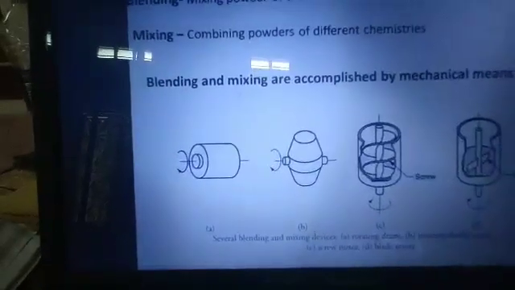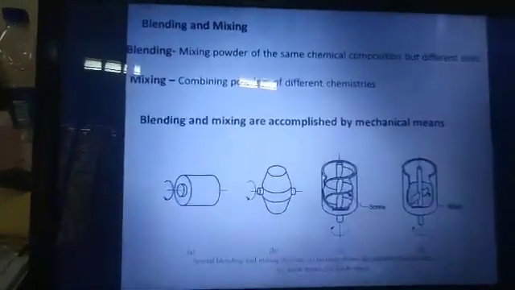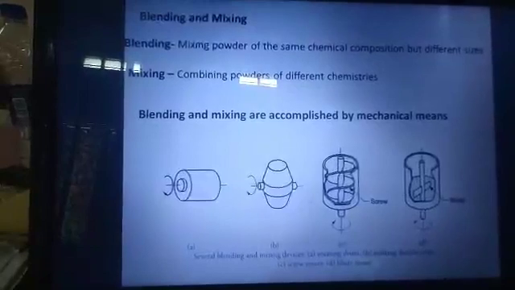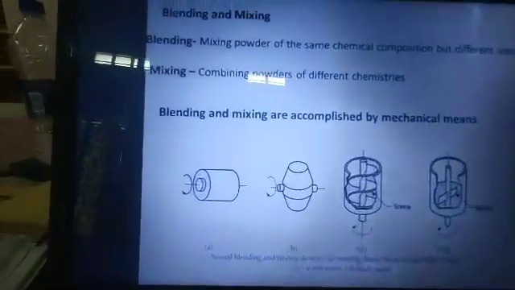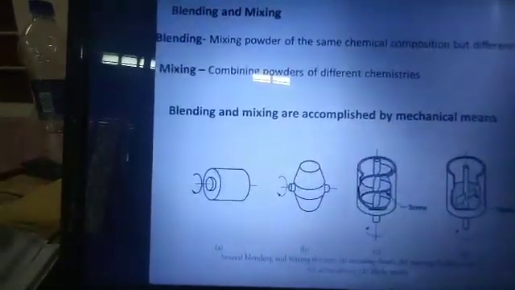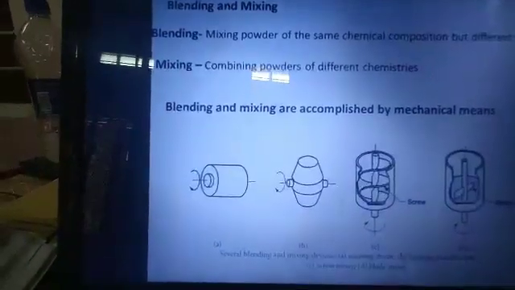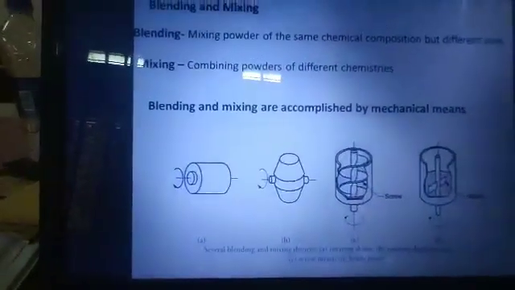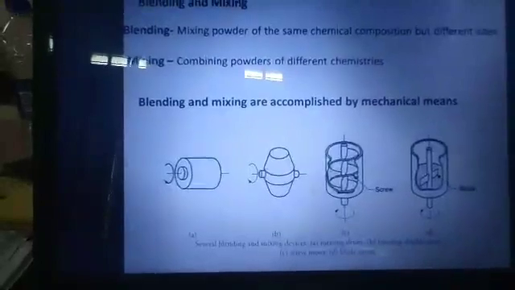So blending, what is blending? Blending is the mixture of powders of the same chemical composition but with different sizes. Mixing is the combination of powders with different chemistries.